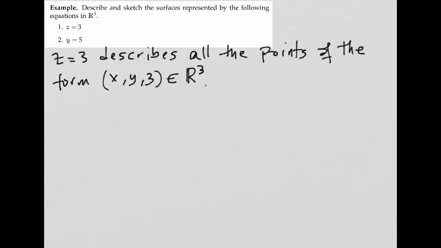So if we draw that in the xyz space, we get something like this. Here's the z-axis, x-axis, y-axis. What are all of the points whose z-coordinate is 3? Well, altogether they form the plane that goes through the point (0, 0, 3) and is perpendicular to the z-axis, or in other words, is parallel to the xy plane.